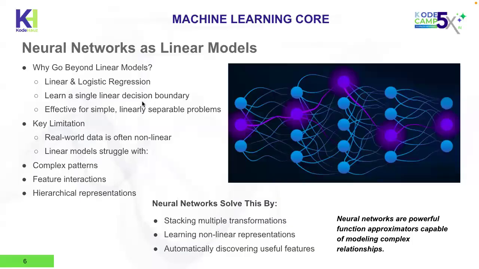Why isn't that sufficient for all of our AI needs, for all of our intelligent modeling of the data and the events around us? And the reason is simple, right? The main limitation is that in the real world, the data and the relationships between events that you want to model or predict are never linear.